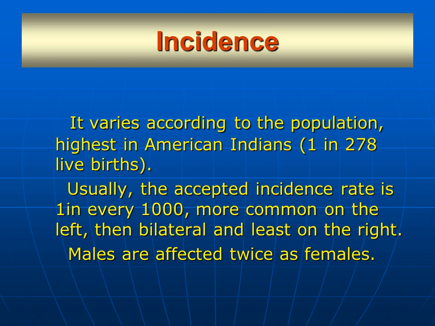Then bilateral, which denotes both sides are not united, or occurs on the right and the left side is intact, which is the opposite of the normal occurrence, which sometimes occurs. Males are affected twice as often as females.